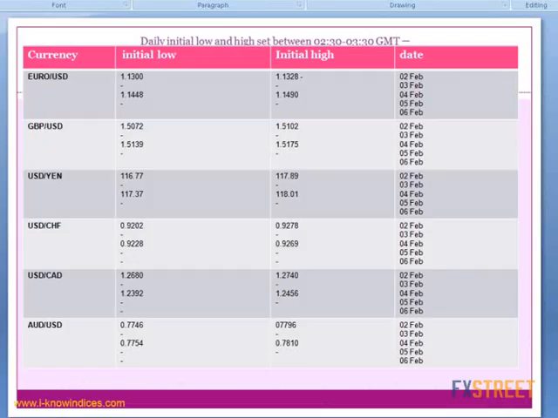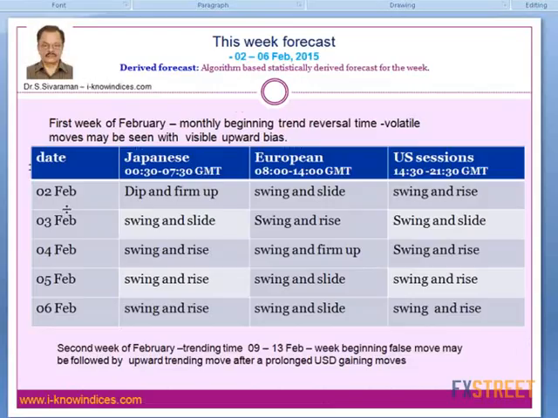This is the forecast. I gave it on Monday, that is 2nd February, during my Asian session live market analysis webinar. In that, I was explaining that they will be making swing and rise moves in the market, and a more visible rise on Wednesday. But yesterday itself, they gained substantially in the case of Euro and GBP, and thereby we are able to see the visible upward bias.